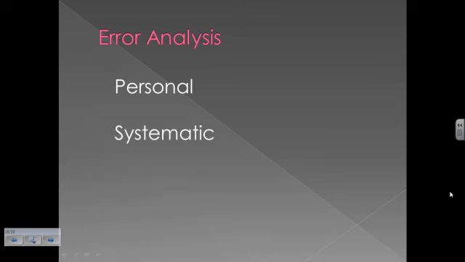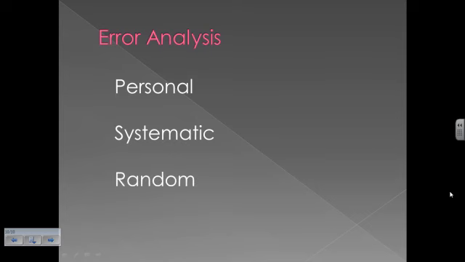The second type is a systematic error. Systematic errors tend to be in the same direction for repeated measurements and usually involve the equipment. There's something out of alignment, something that hasn't been zeroed out or calibrated, something wrong with the equipment that we're using, and so we repeatedly get the wrong measurement or the wrong value.